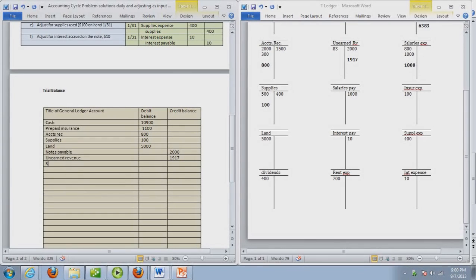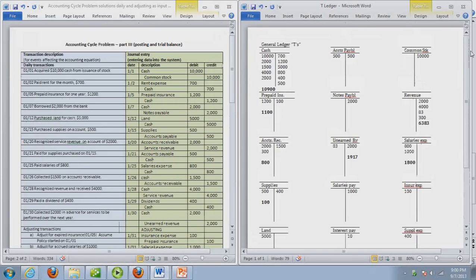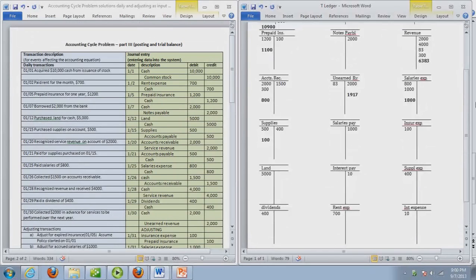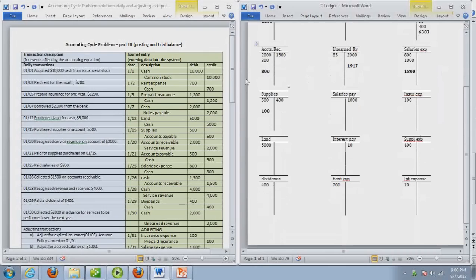Salaries payable is the next one, 1,000. And interest payable is 10. Okay, and then we'll continue with the stockholders' equity. Common stock is 10,000, and then the revenue is 6383.